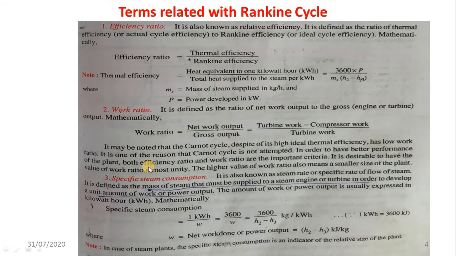Now the third and most important term related to the Rankine cycle is specific steam consumption, that is SSC. It is known as the steam rate or the specific rate of flow of steam, and it is defined as the mass of steam that must be supplied to a steam engine or turbine in order to develop a unit amount of work or power output.